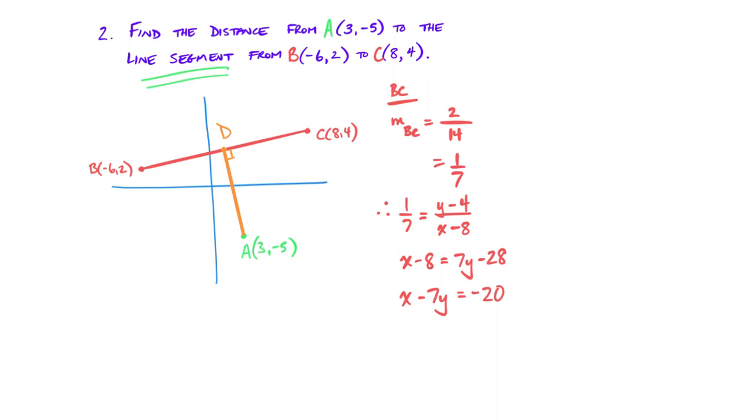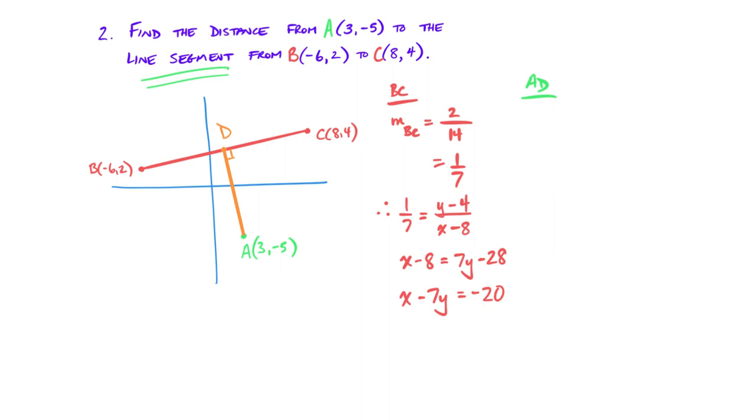Nice. I now need to build the equation of AD. So what I'm going to do is build another little heading. I know that the slope of BC was 1/7. I calculated that. What I also know then is that the slope of AD is perpendicular.